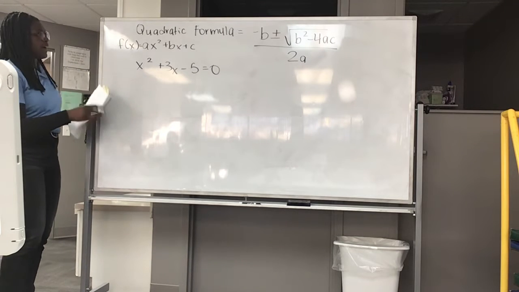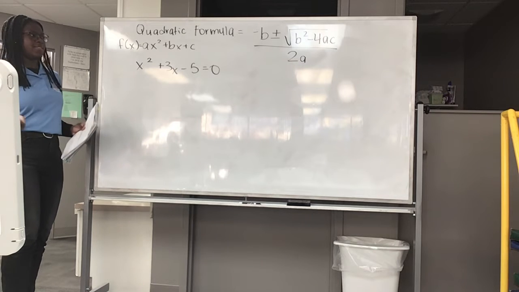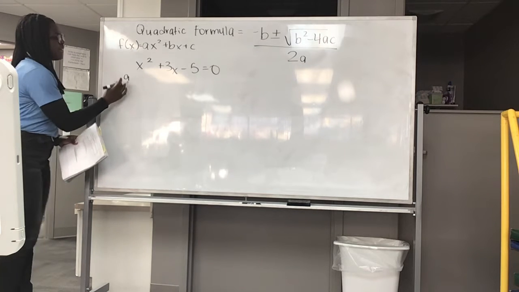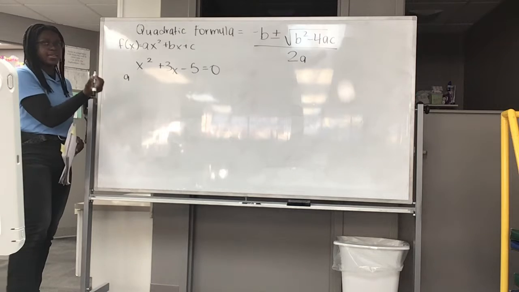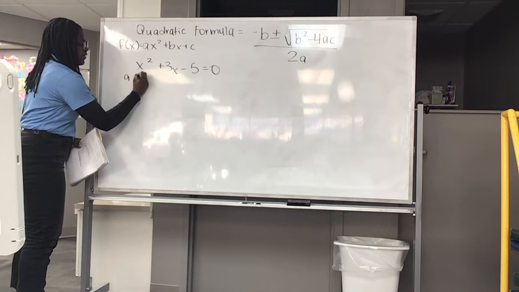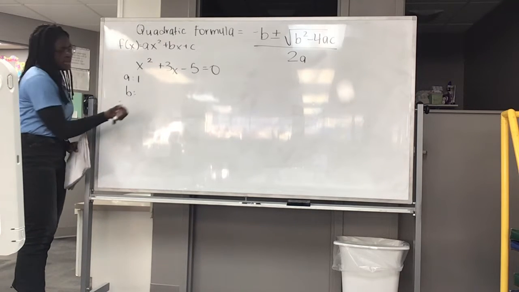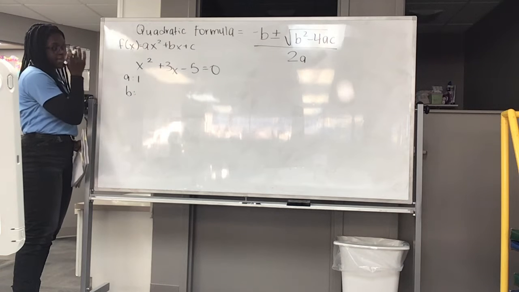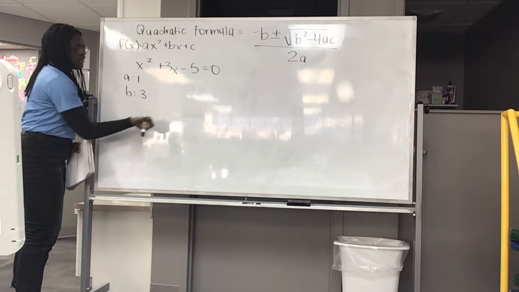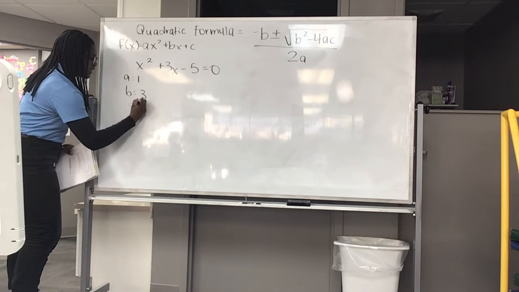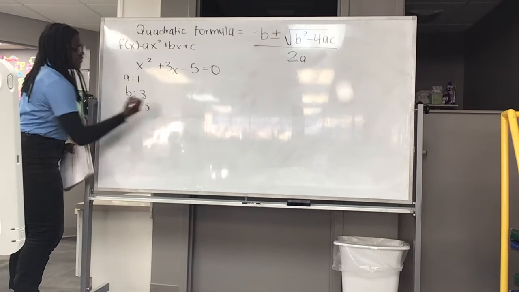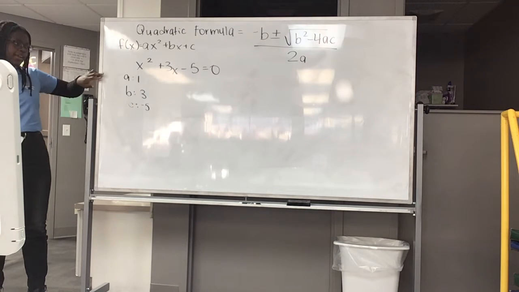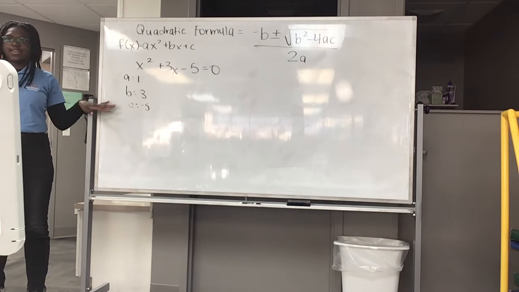So to start, I'm going to label my a's, b's, and c's. a is the number in front of the x squared. There's nothing there, so it's technically a 1. My b is in front of just the x, which is 3. And then c is that constant, which is negative 5. So a is 1, b is 3, and c is negative 5.